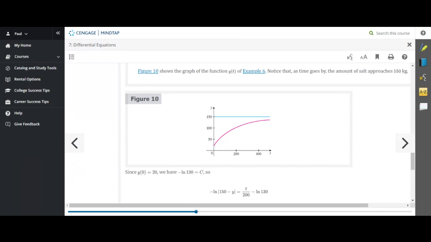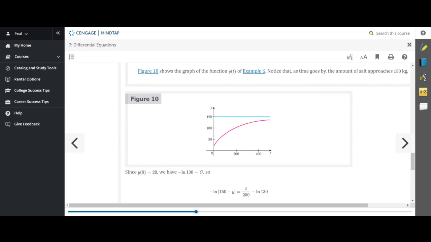The red graph is our solution. y of t is 150 minus 130 times e to the power negative t over 200. So the salt content, what did it start at? If you look at that graph in figure 10, at t equals 0, what's the value of the red function of our solution? 20. That's right, Renaud. We're starting out with 20 kilograms.